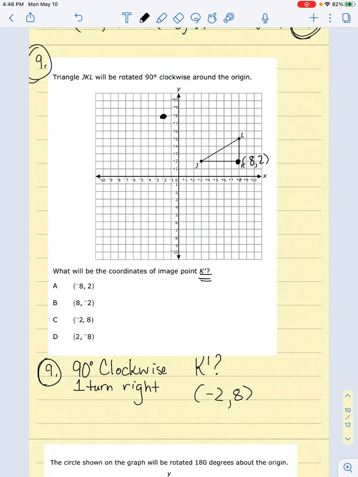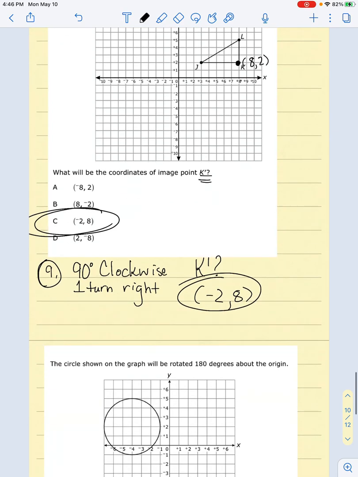So the way that you do that is you physically turn your paper. I just turned my paper to the right, and whenever I graph L prime, it ends up, when I turn it back normal, being at -2, 8. So your answer here is C.